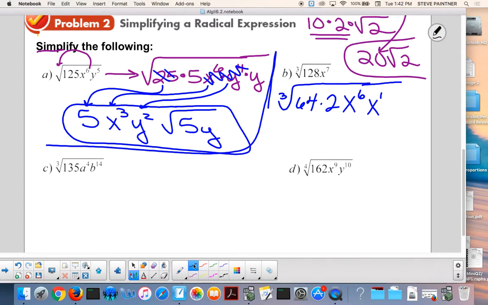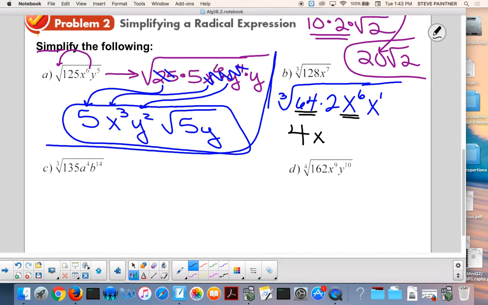All right, what's the cube root of that number? 8 times 8, that would be the square root. You want the cube, it's 4. Now listen, cube root of 64 is 4 times 4 times 4. So 4. Cube root of x to the 6.